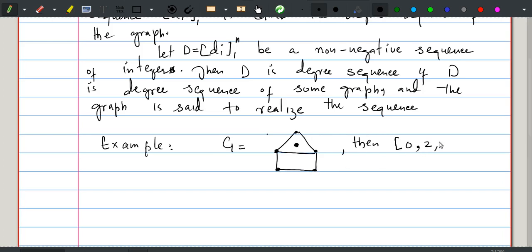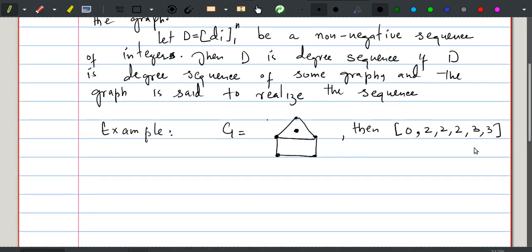So 2 appears 3 times, and the degrees of these two vertices are 3 and 3. So this is the degree sequence of this graph. Given this graph G, this is its associated degree sequence. There is a one-to-one correspondence: corresponding to each graph there is a unique degree sequence.